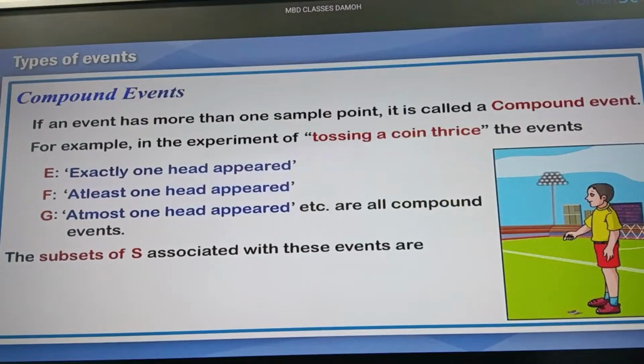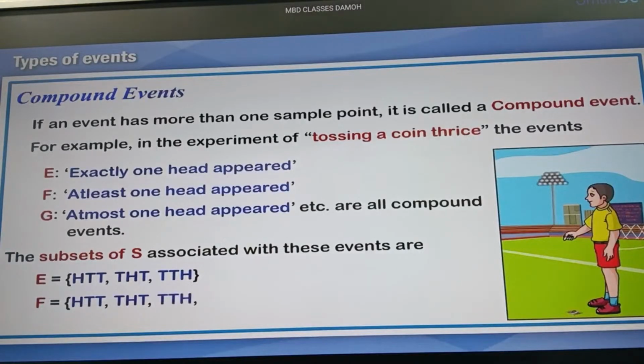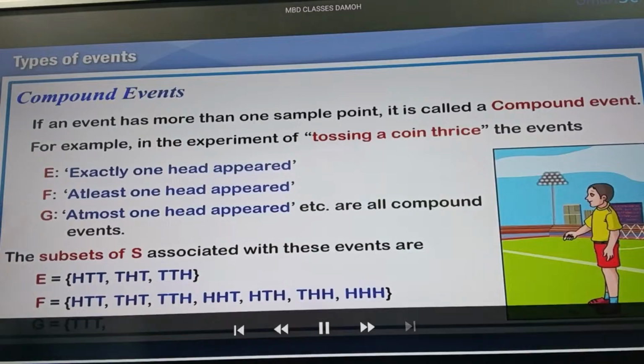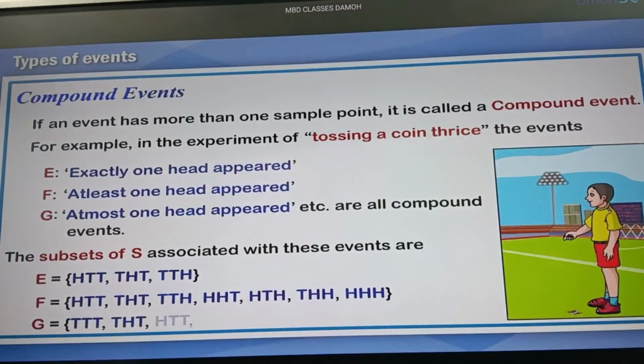The subsets of S associated with these events are E = {HTT, THT, TTH}, F = {HTT, THT, TTH, HHT, HTH, THH, HHH}, G = {TTT, THT, HTT, TTH}.